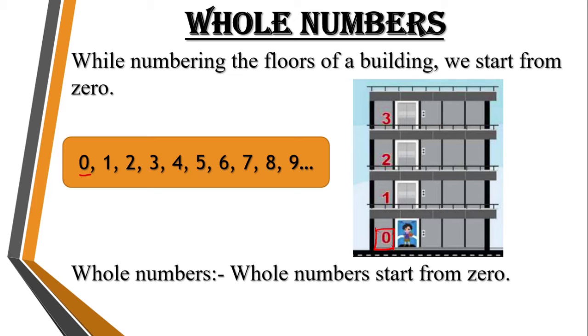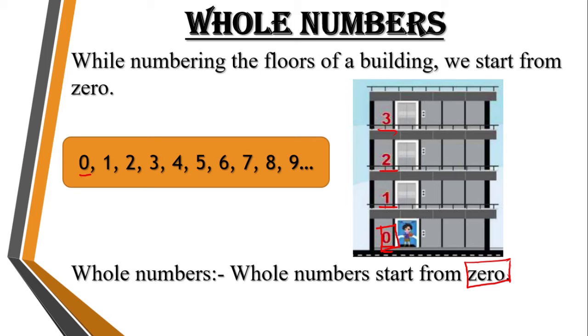We say it as ground floor. But the ground floor is also considered as 0 floor. And after that ground floor, we start from first floor, second floor, third floor, and so on. But the starting number here is 0, right? So whole numbers also start from 0.